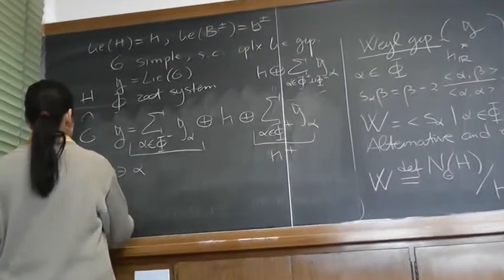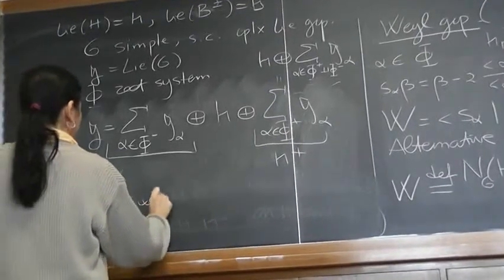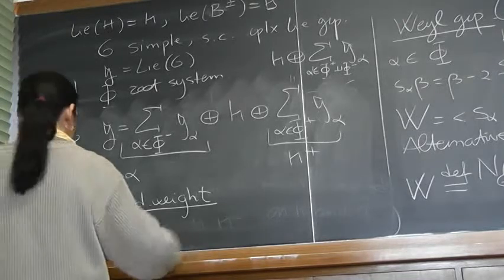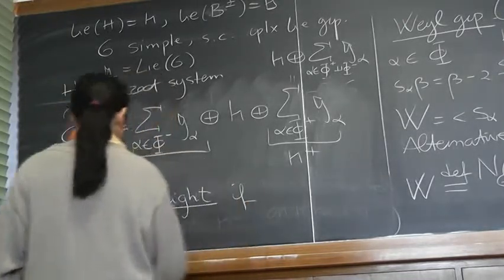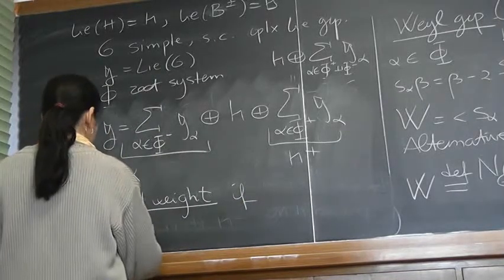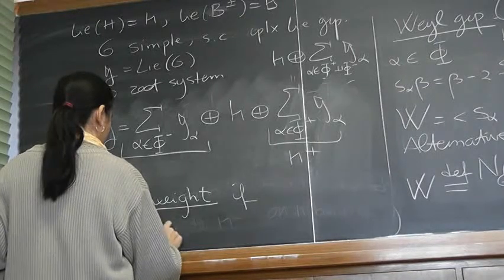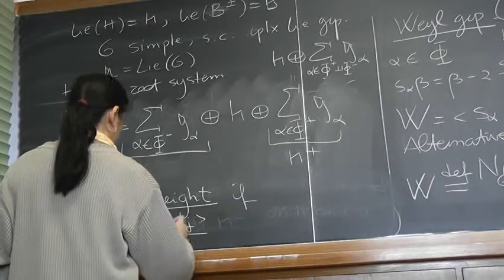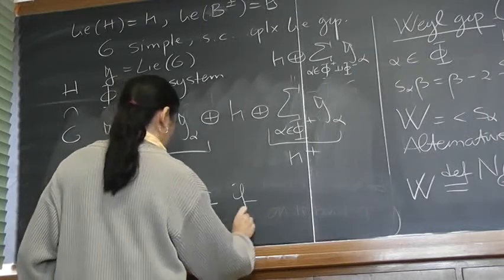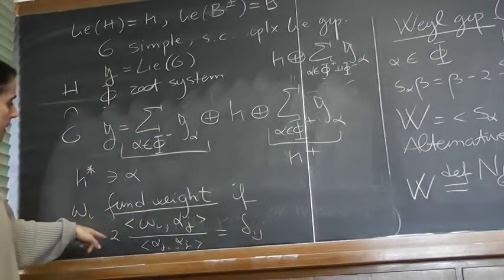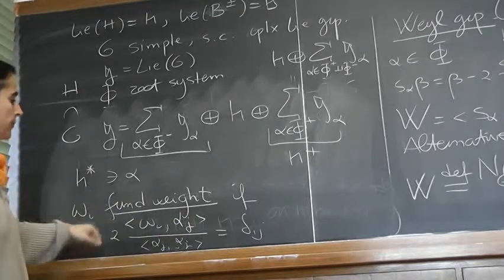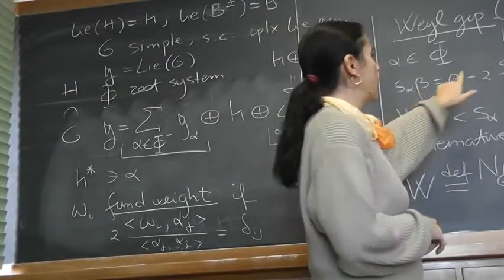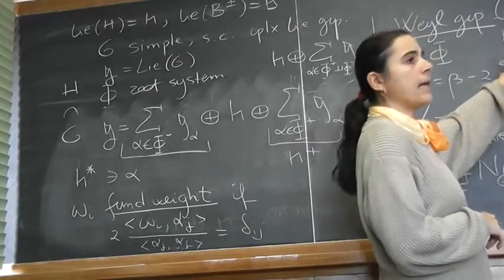So, omega is the fundamental weight if it has this property, omega I, 2 times this number, which, you remember, if we have a root where this is an integer, this is a Cartan integer.